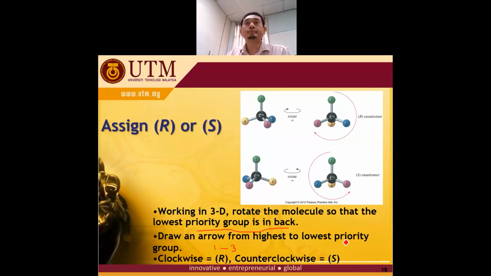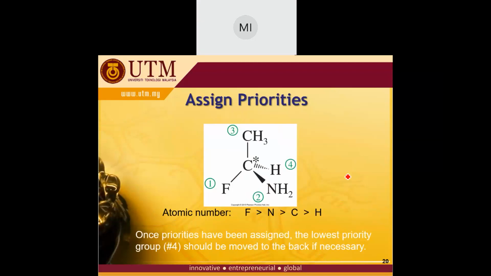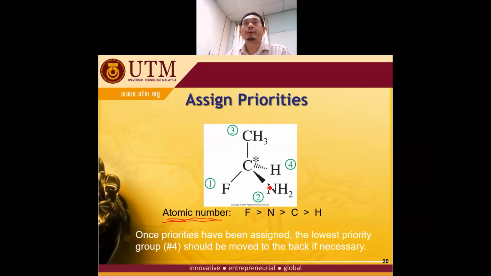For example, like this one. First we assign the priority based on atomic number. This is the chiral carbon, so there are 4 atoms directly bonded to it. We consider them as atoms, not as groups.